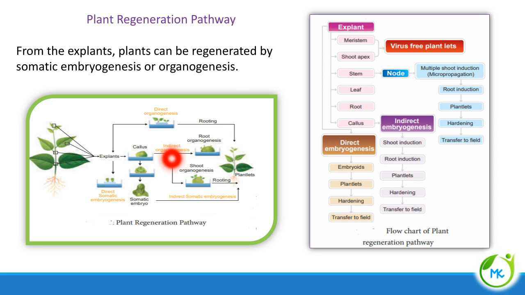Whereas in indirect organogenesis, from the callus, root organogenesis and shoot organogenesis take place, leading to the formation of plantlets. In embryogenesis, from the explant direct somatic embryogenesis can occur, or from the explant the callus is made to give rise to the somatic embryo, and then through indirect somatic embryogenesis the plantlets can be produced.